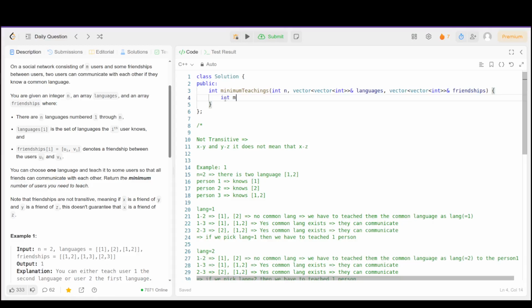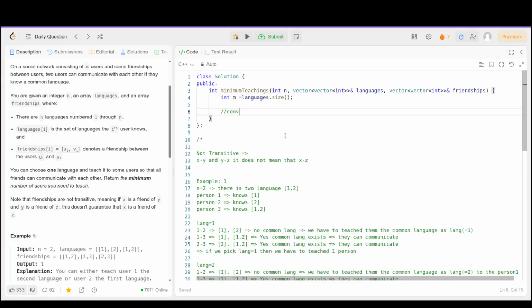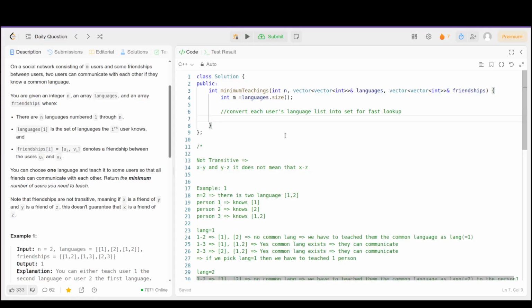Let m equal to languages dot size. Now let's convert each user's language list into a set for fast lookup. Now for int i equal to 0, i less than m, not n, since we are iterating over the users, i plus plus.